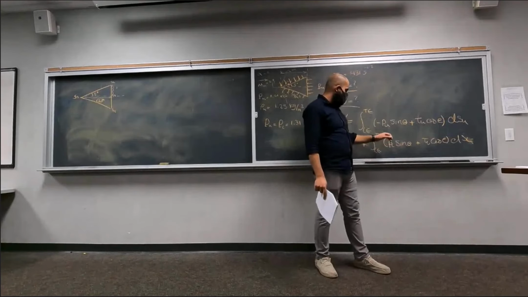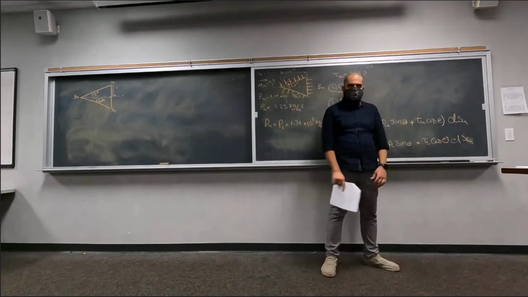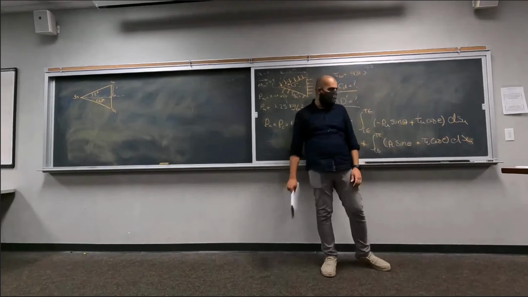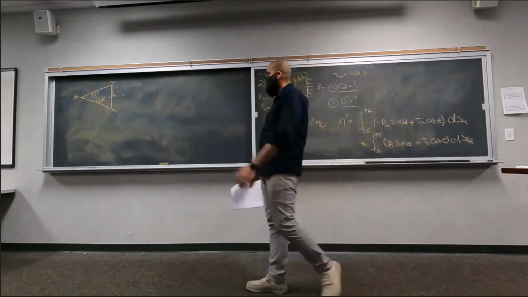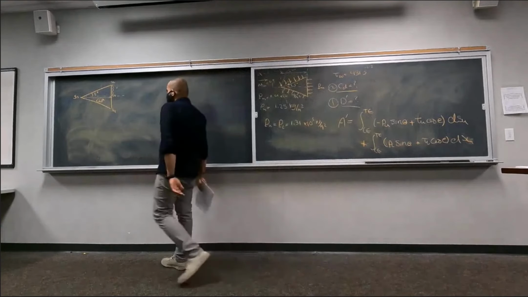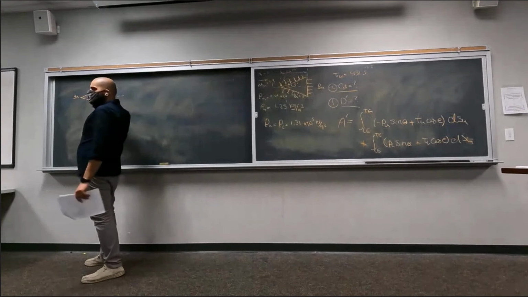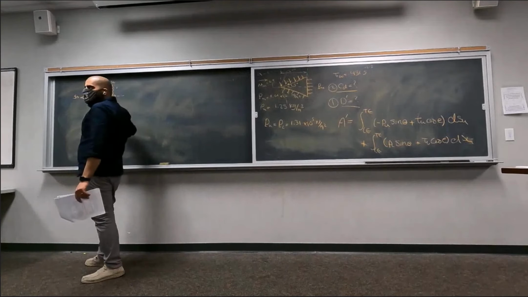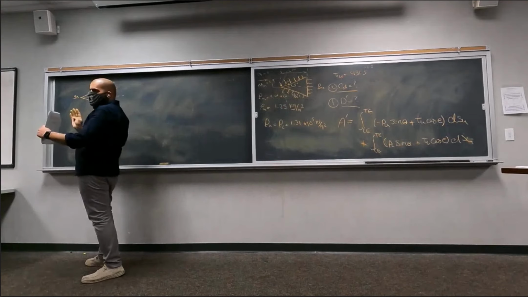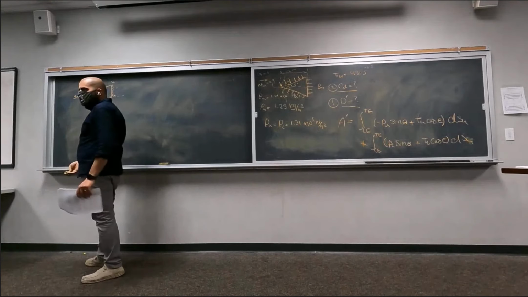We have PL, pressure on the lower surface, tau of L, the shear on the lower surface, and the sines and cosines. But since the geometry is just linear here, for S1 to S2 theta is going to be 5 degrees. For this one, theta is going to be 90 degrees, because it is perpendicular to your coordinate system.